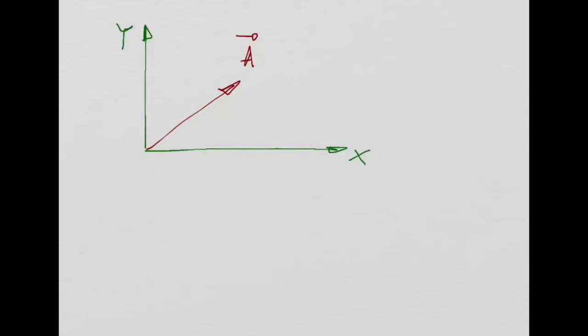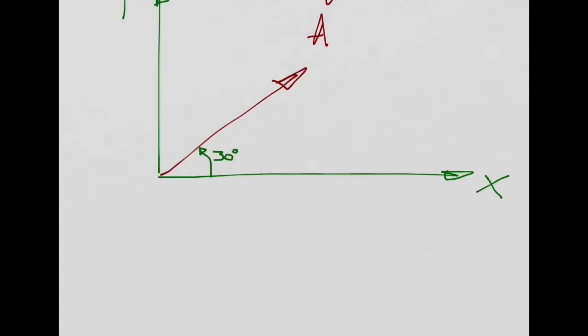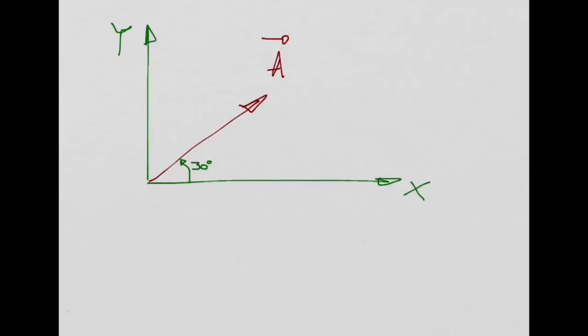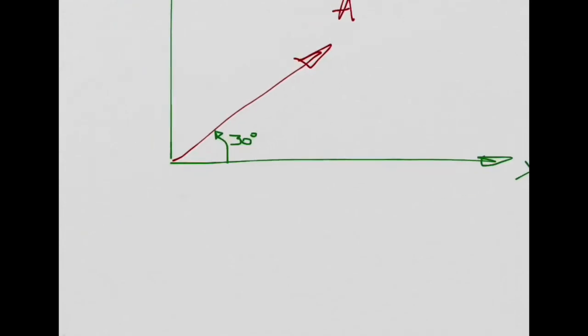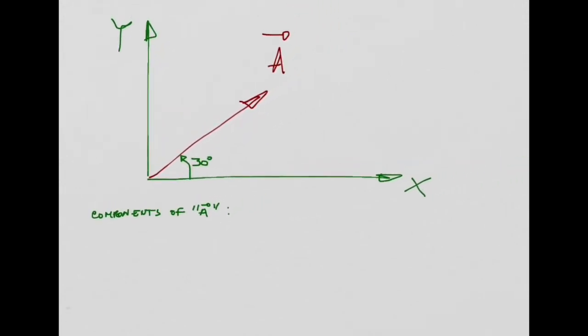Okay, so I'm going to say that this vector A makes 30 degrees. So this angle here, from here to here, is 30 degrees. All right? I want to get the components of A. All right?